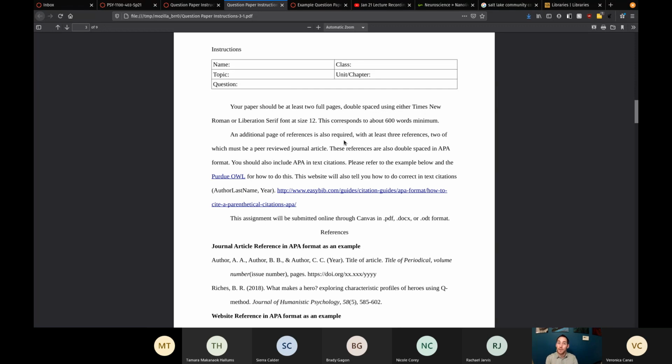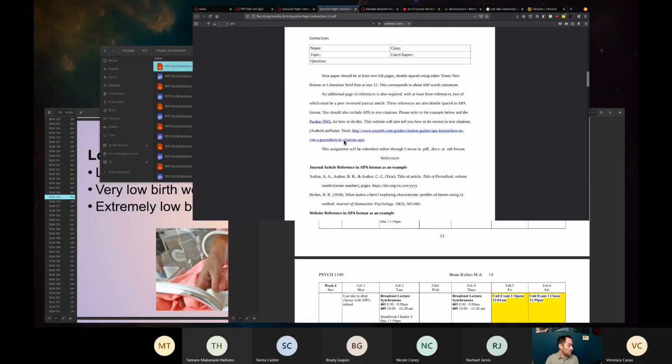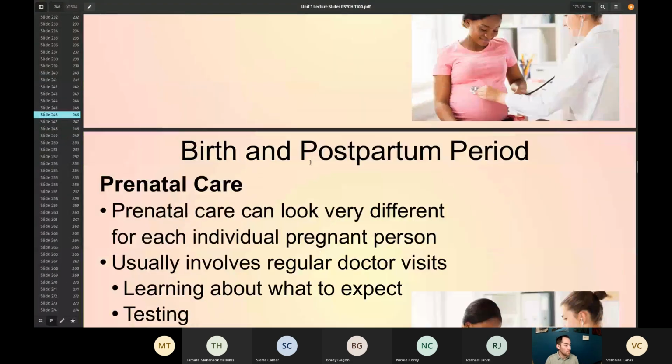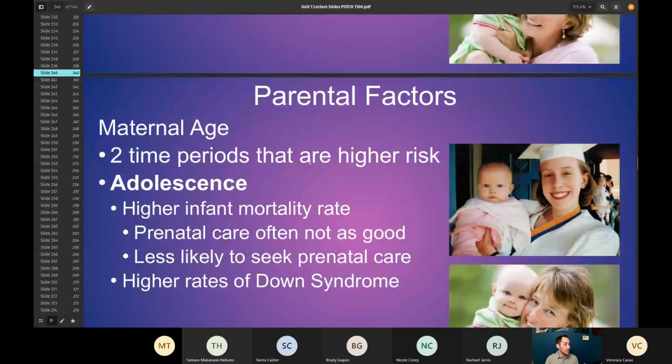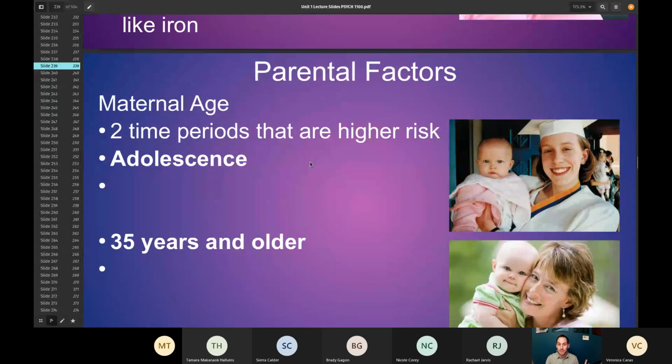So if there was a specific aspect of that that was really interesting to you and you wanted to dive into research, you could do research on that. Last time we were covering the birth process and parental factors and risk factors. If one of those topics really interested you, you could write your question paper on something there.